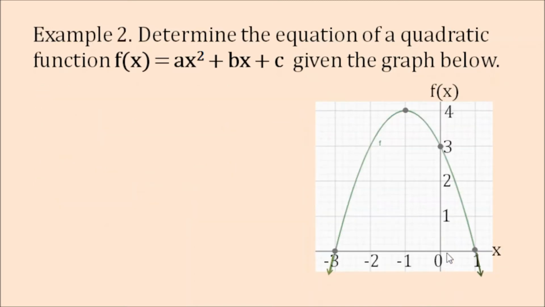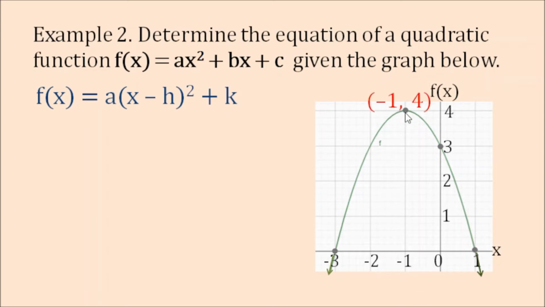Example number 2. What is the equation of this graph here? Again, we are going to write our answer in standard form. F of x equals ax squared plus bx plus c. Let's start off with the equation of a quadratic function in vertex form.